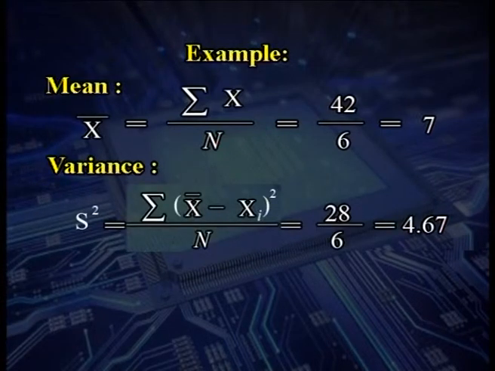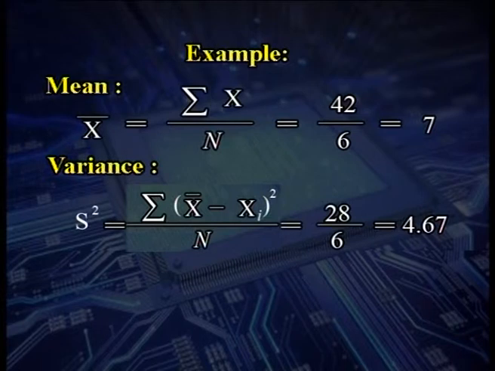Now, if you want to find out the variance, then variance is S square, variance of a sample. S square is equal to sum of xi minus x bar whole square divided by n. We can see that the sum of x minus x bar whole square is equal to 28.